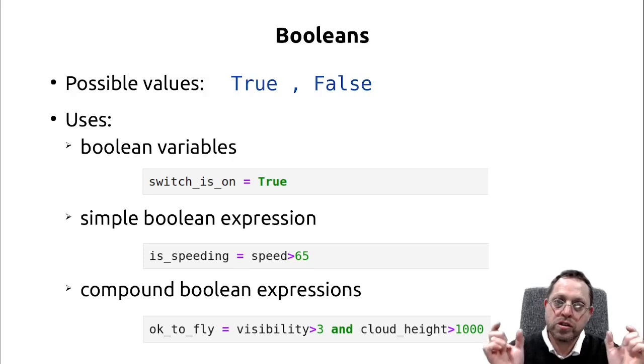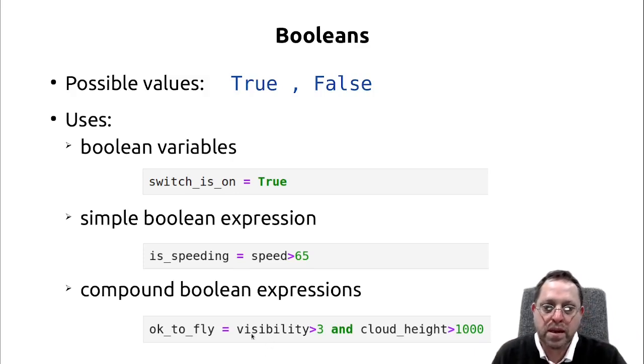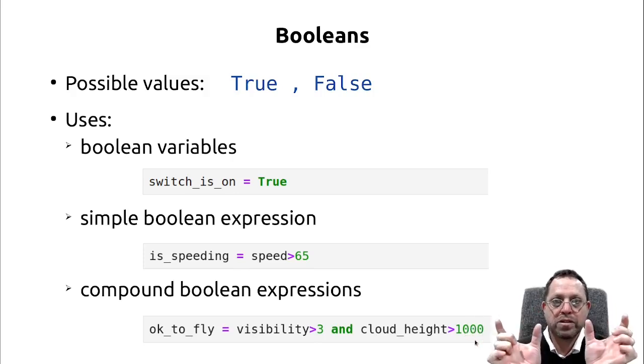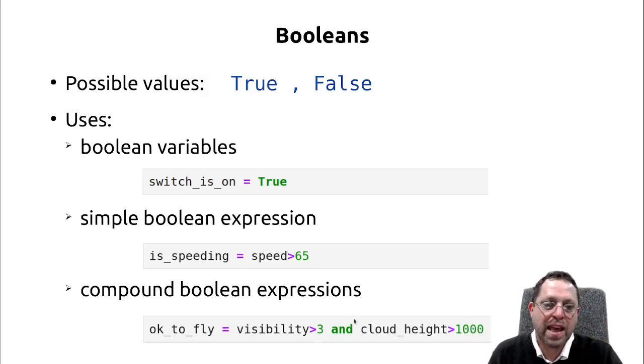So those are 2 simple Boolean expressions: visibility greater than 3 and cloud height greater than 1,000. And we combine those 2 simple expressions using the AND keyword. So we are going to go into all of these components on how to construct a compound Boolean expression next.